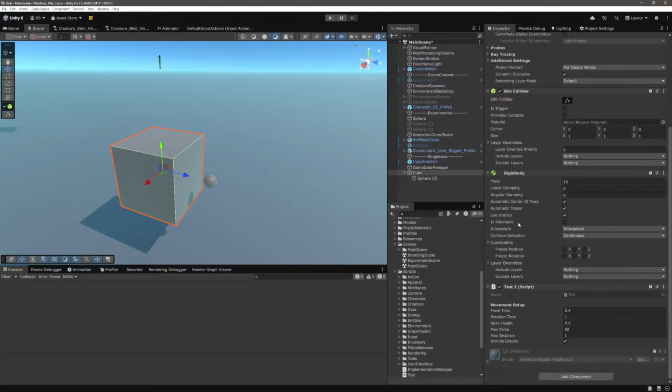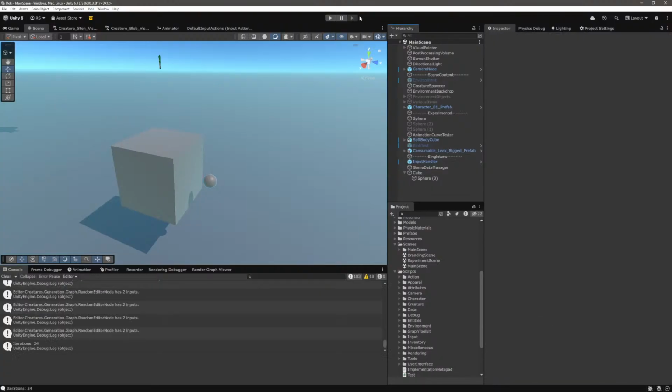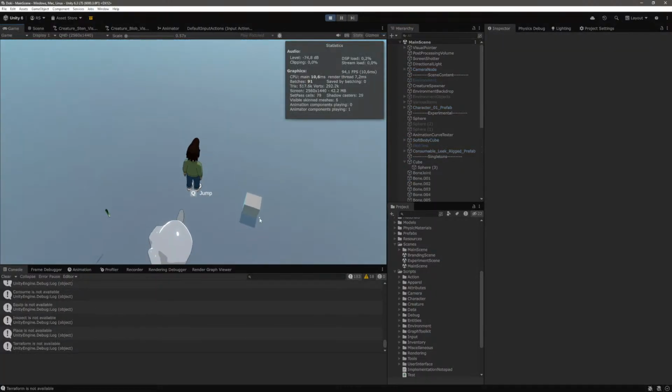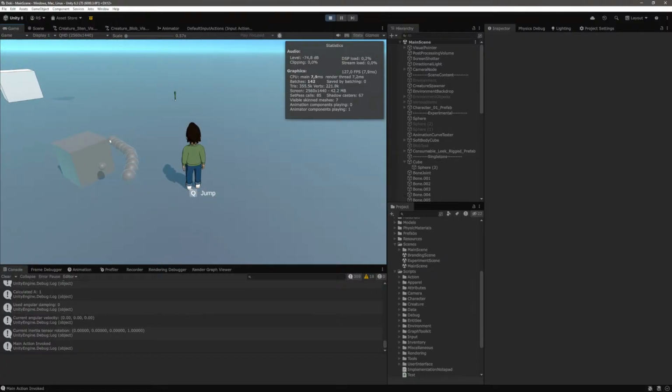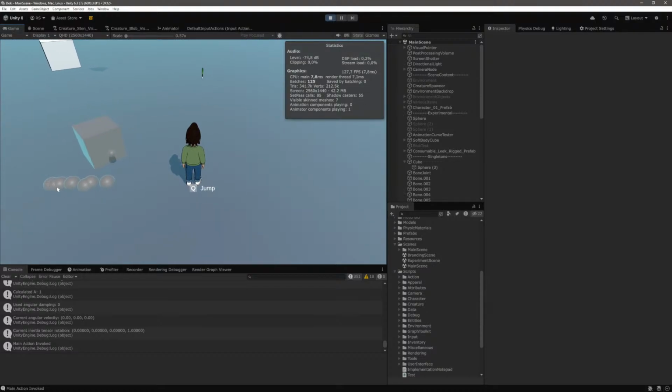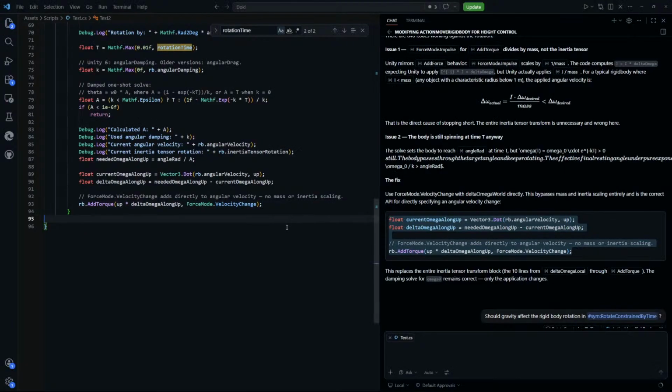Yeah, let's just do this. So no damping. We can freeze the rotation eventually. Rotation time 1. And we do velocity change now. Yup.